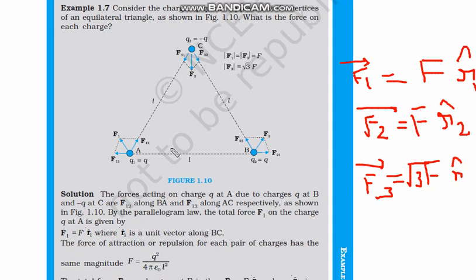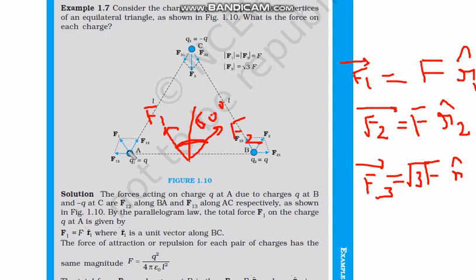So let us bring these two forces closer. One force F2 is in this direction, and this F1 is in this direction. So if you measure the angle between them, this angle is again 60 degree.